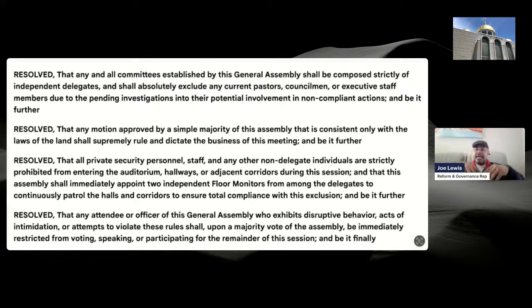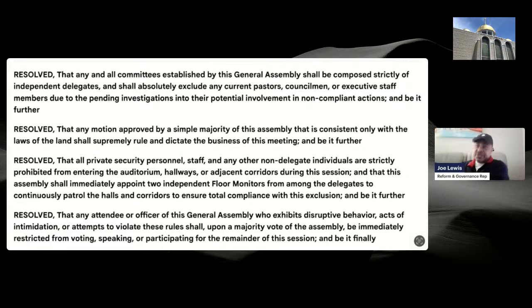Right? If there's somebody who gets out of character and their actions become disruptive to the orderly and peaceful flow of the assembly, anybody can call them out and take a vote to have that individual restricted from any longer speaking, voting, or participating for the remainder of the assembly.